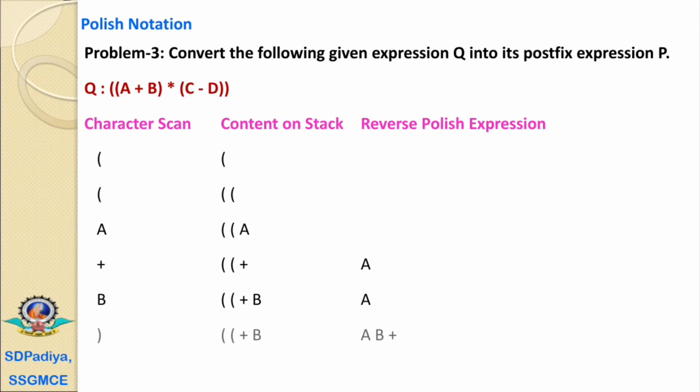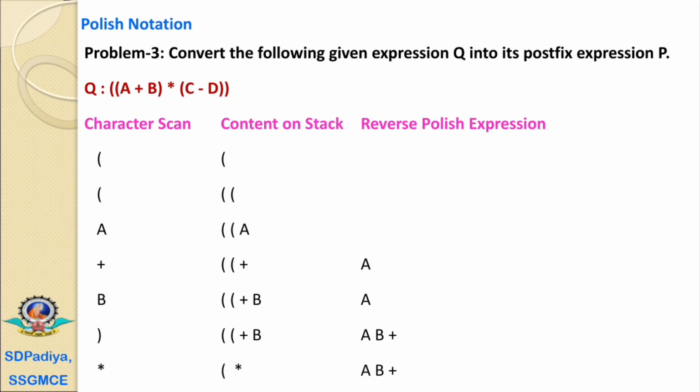The next is the close parenthesis, and if there is a close parenthesis, then we have to pull the content from the stack to the expression, but only after its particular open parenthesis. That's why we have pulled the capital B and the plus symbol. Now there will be only the one open parenthesis on the stack.